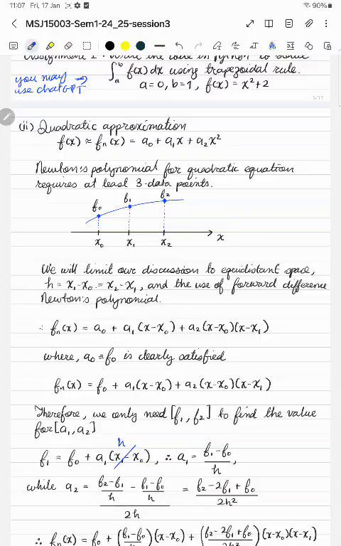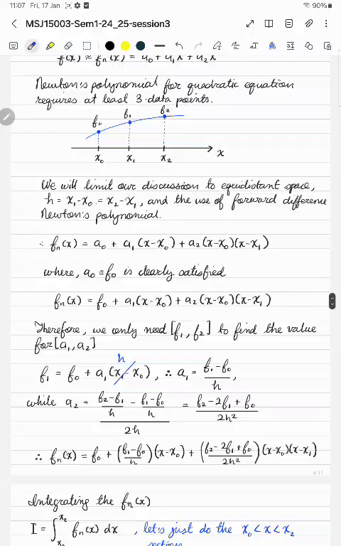for the integral. So in this figure, in the sketch, if you look at the axis, so you have x0, x1, x2, and also f0, f1, and f2 to match the data points. So in this case, we will limit the discussion to the equidistant space.